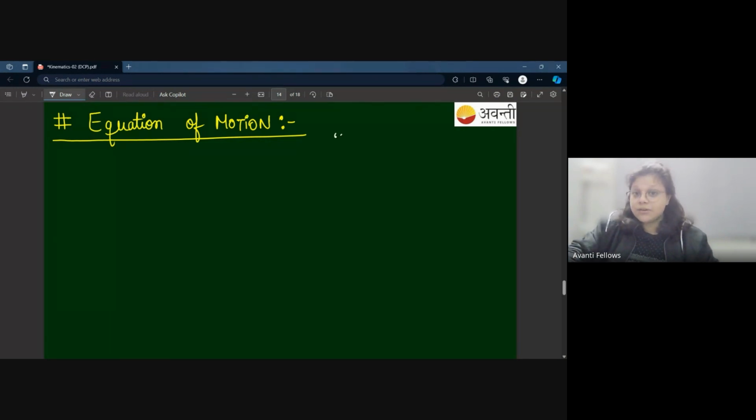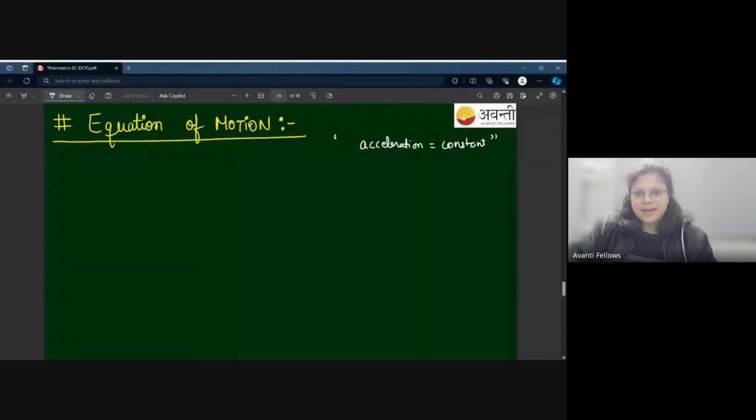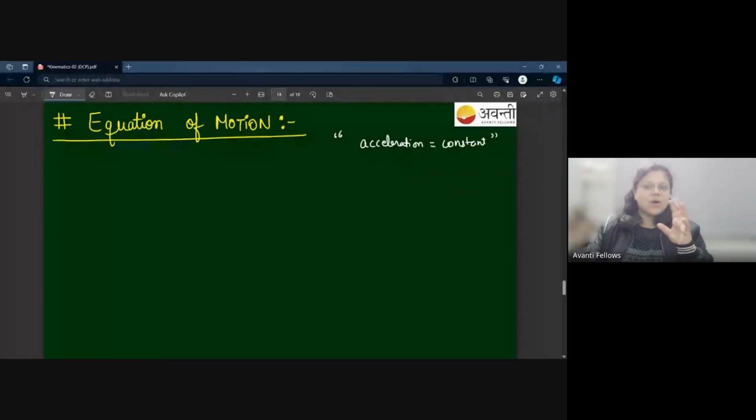Make sure you remember one thing: we have a prior condition where we apply these equations, and that condition is acceleration is supposed to be constant. If acceleration is not constant, you cannot use these equations. I mean, as a human, you can use them, but you will get wrong answers. So if acceleration is constant, then you will only use these equations.